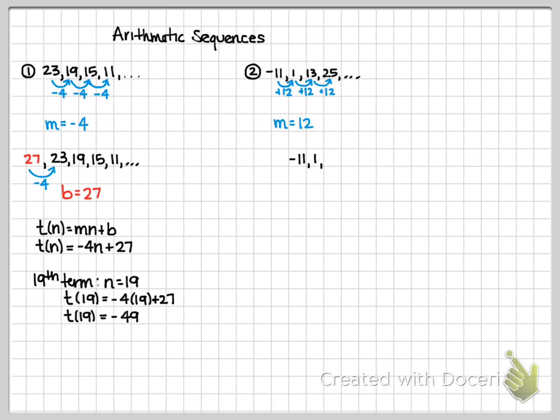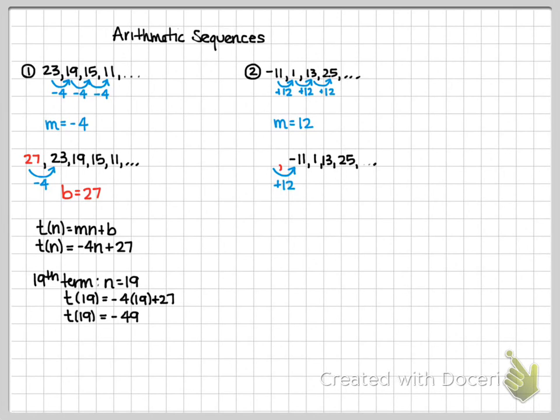So let's just bring down our sequence. Forgot the 1 on the 13. All right, so if we were to go backwards, the idea is still the same. So what number did you have to add 12 to get negative 11? All right, so that is going to give us our zeroth term, also known as our b.